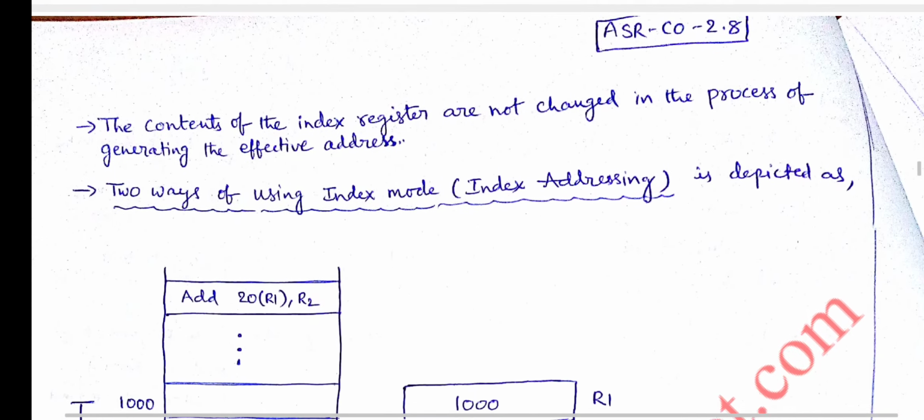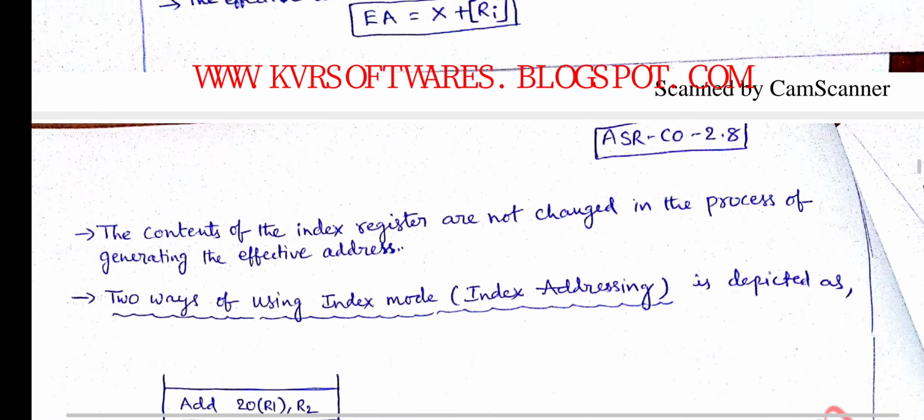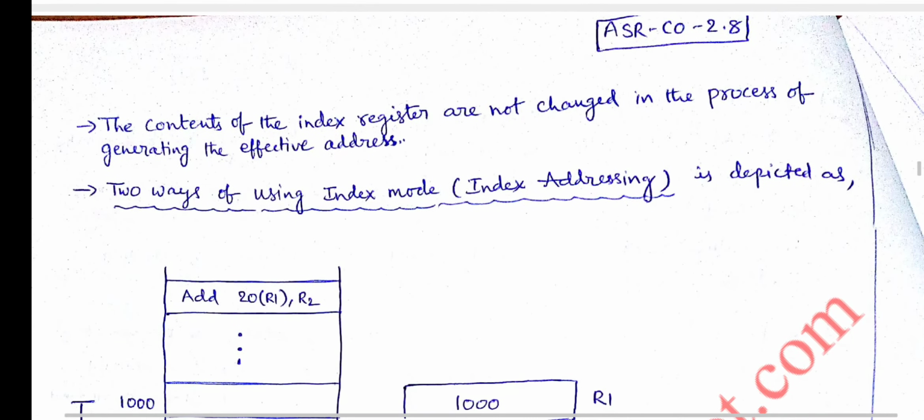Next, the contents of the index register are not changed in the process of generating the effective address. See, the index register contents, here Ri, are not changed at the time of generating an effective address.